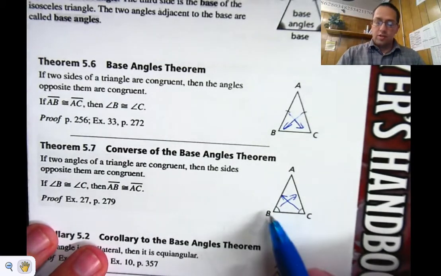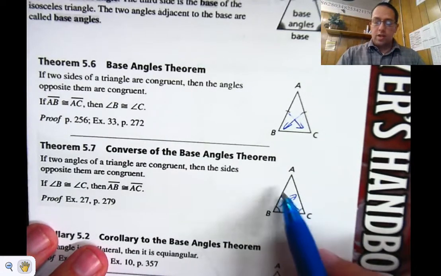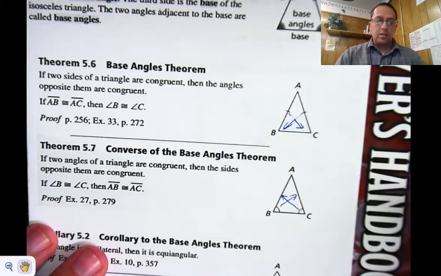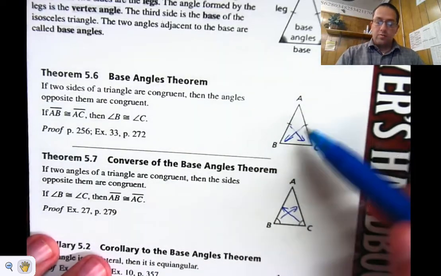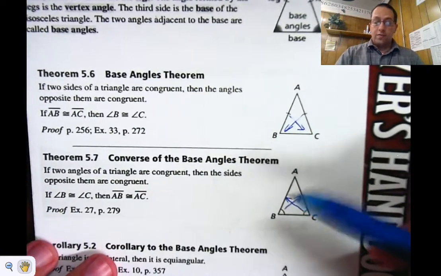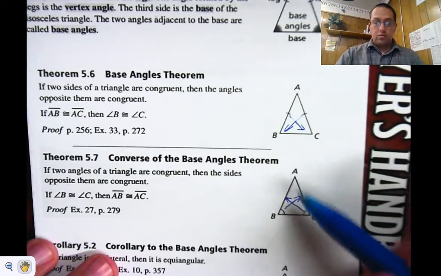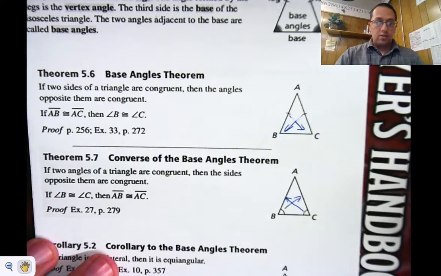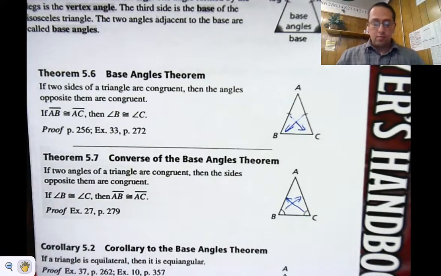Since I have two congruent angles, that means I'm going to have two congruent legs, and this is going to have to be an isosceles triangle. So Base Angles Theorem says that if the legs are congruent, the base angles are congruent. The converse says if the base angles are congruent, then the two legs are congruent. The two sides opposite those are congruent.